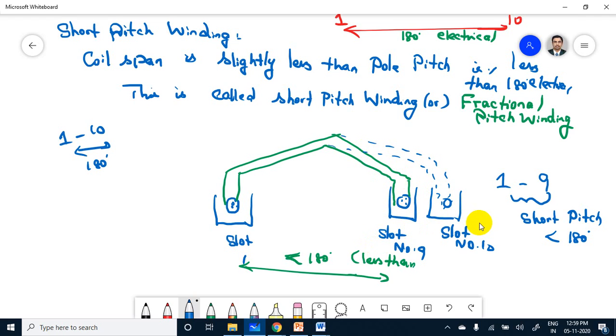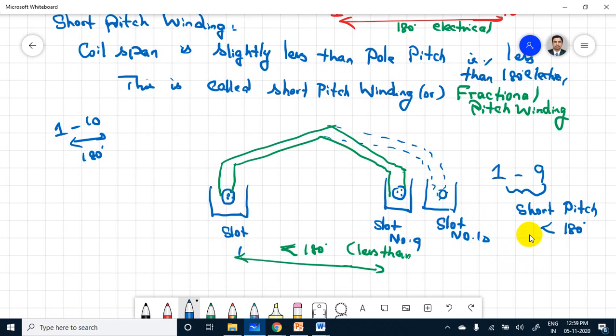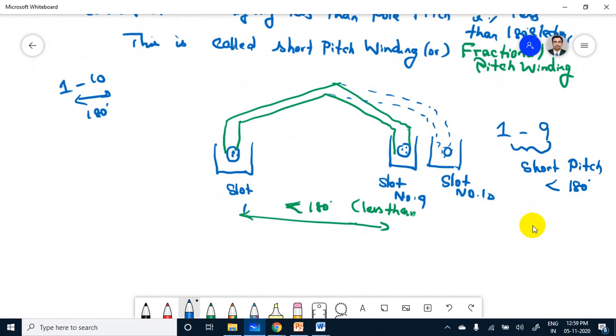And the advantage of this short pitch winding is that we can eliminate the high frequency harmonics. High frequency harmonics means there are sometimes high frequency distortions in our conductors. We can eliminate these, as well as the losses, namely eddy current and hysteresis losses.